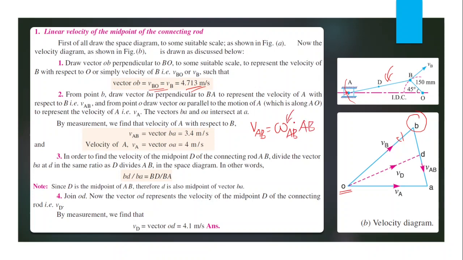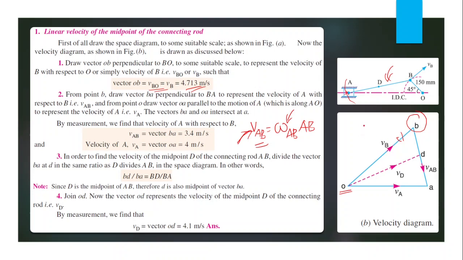But the value of omega AB is unknown in this particular case, so we cannot calculate the velocity of AB. But the direction of this velocity is always perpendicular to link AB. That is a known factor. Then we can draw a line through b which is perpendicular to AB. That will be the line of action of velocity of AB. But magnitude is unknown.